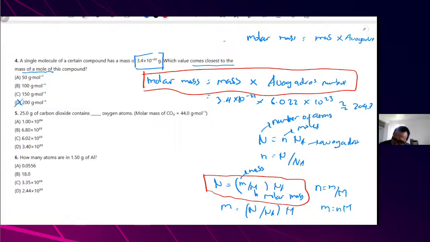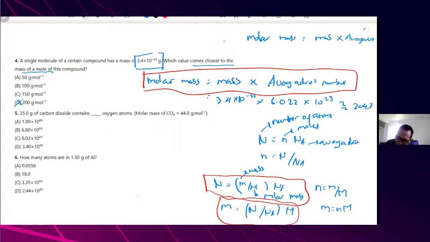It should be this one: n equals N per Na, and m equals n times M. Number of atoms for this one, and then times M, the molar mass.